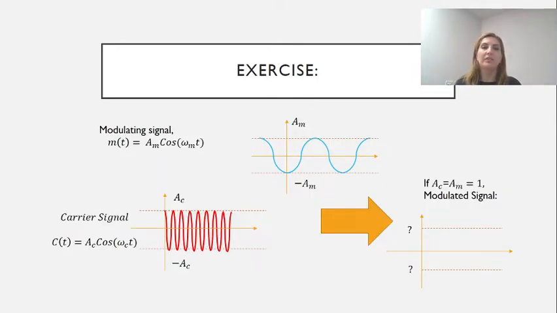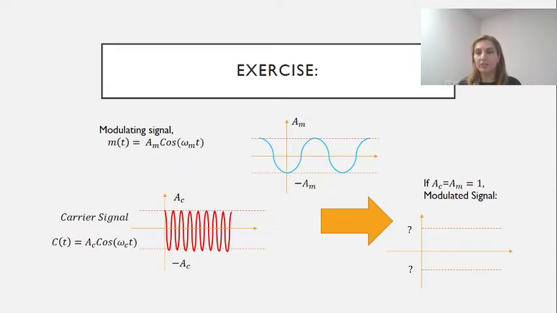Now, I have this exercise. I have just a typical sinusoid for the modulating signal. Let's call it m(t) equal to Am cosine of omega m t. By just looking at that formula, you can know that the maximum and minimum of that amplitude is Am and minus Am.